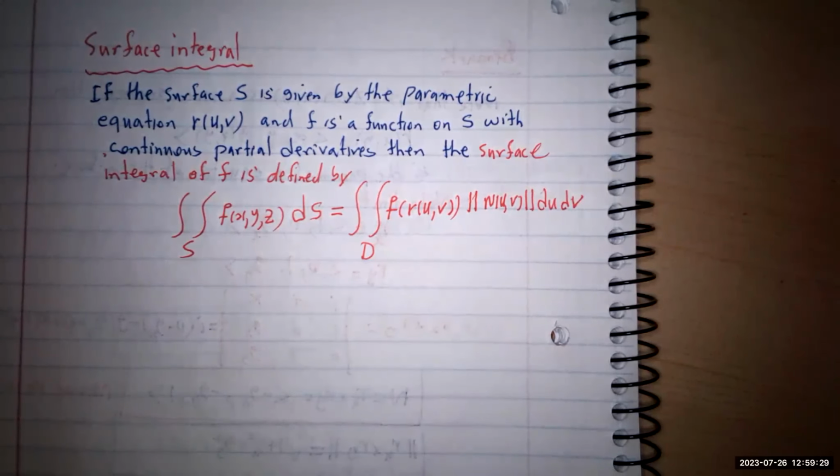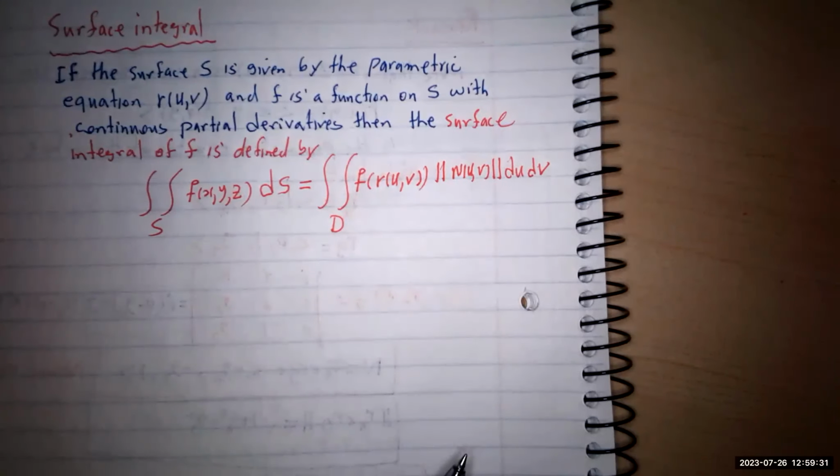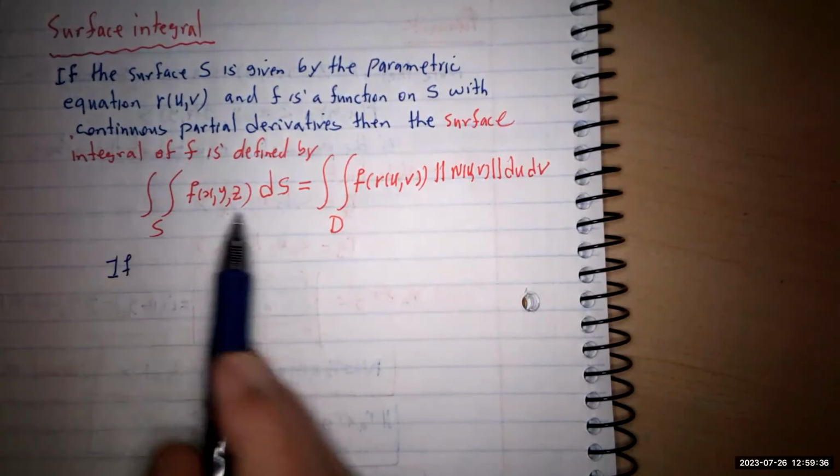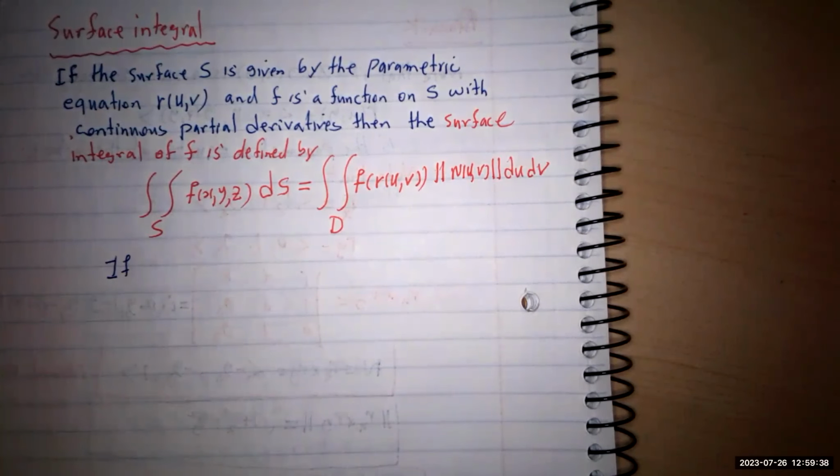Now, a special case that most of the time you are going to use is if this function is given to you explicitly, meaning z is solved already for x and y.